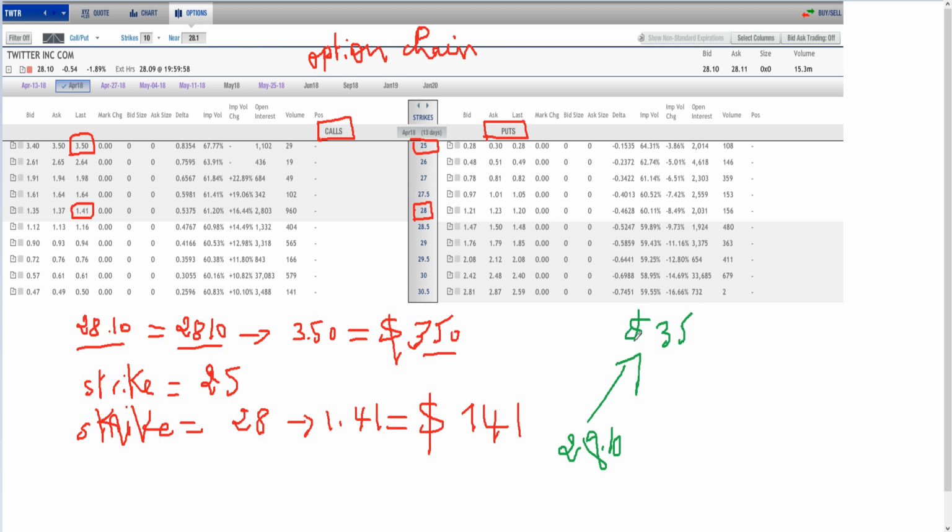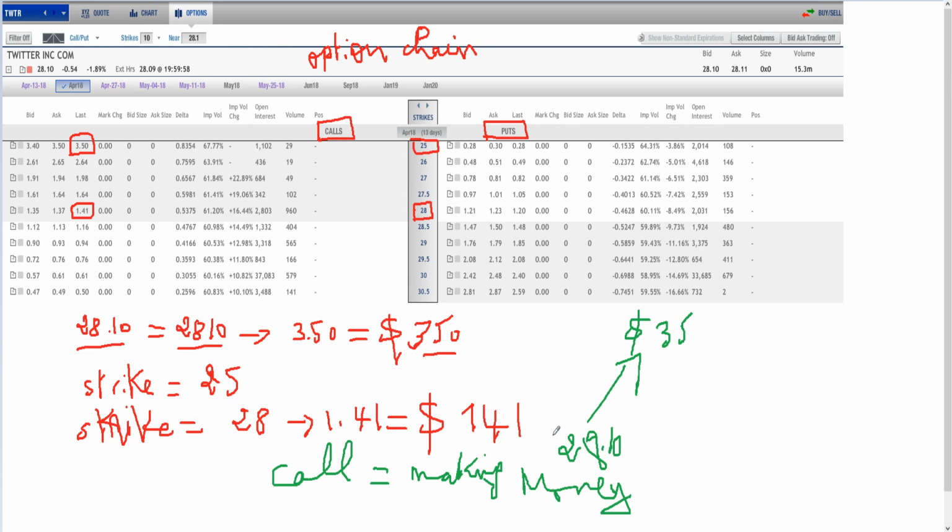If it goes to 35, your call will be making money. And all these numbers that you see here for the ask become bigger and bigger. That's why you can make money.